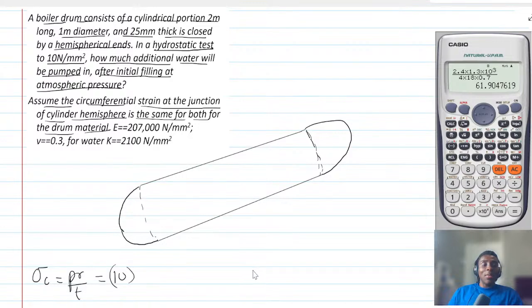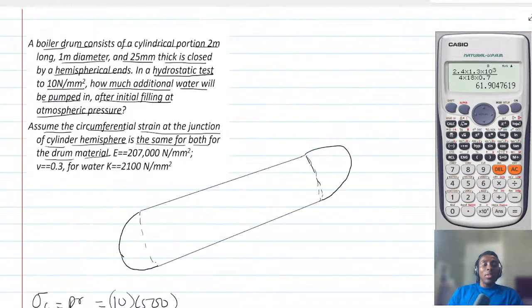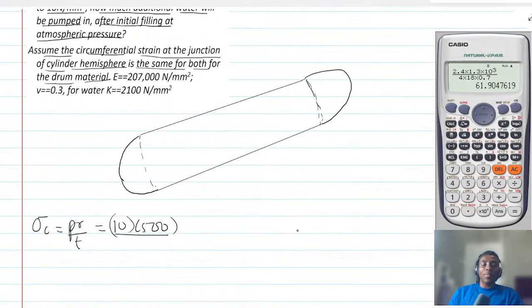Like I said, some of the textbooks use R, some use D. So that is going to be the radius. If the diameter is 1000, then the radius will be 500 millimeters. The diameter was 1 meter, that's why we are using 500. The thickness is 25.